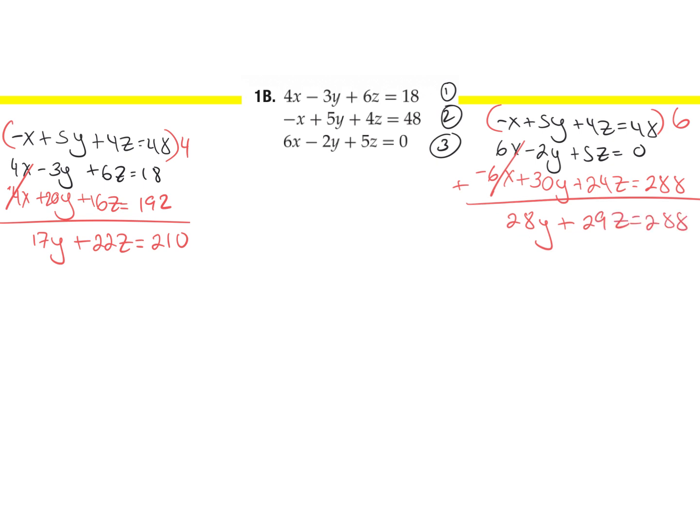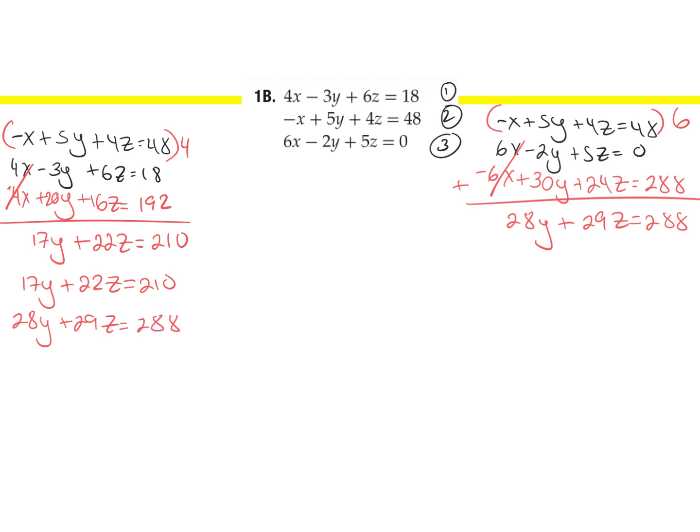Now I'm going to combine those two. So it's going to be 17y plus 22z equals 210. And then we have 28y plus 29z equals 288.